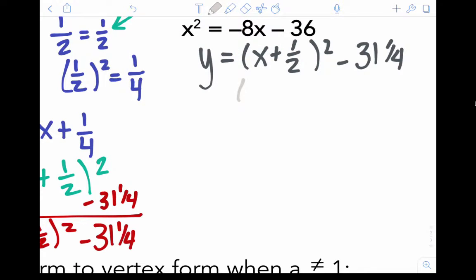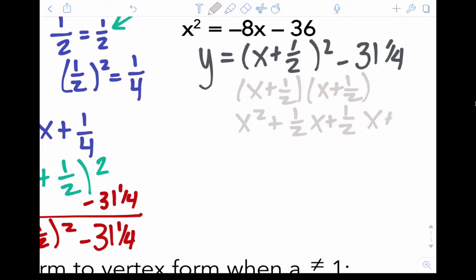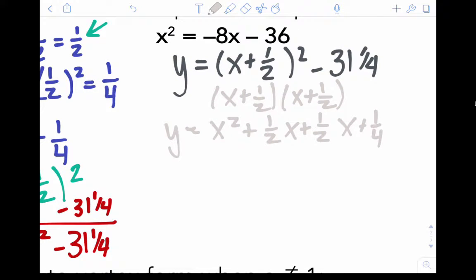So I have x plus 1/2 times x plus 1/2, which is x squared plus 1/2 x plus 1/2 x plus 1/4. And then I'm going to simplify that.